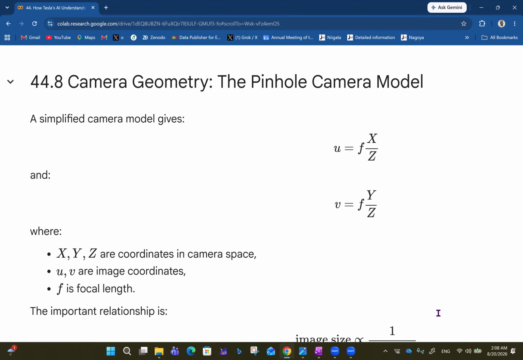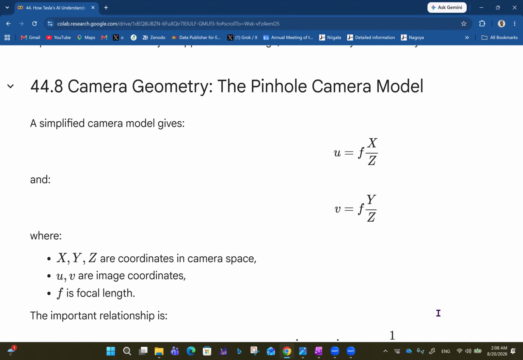So in that case, we need to now talk about camera geometry, the pinhole camera model. A simplified camera model gives U and V, the image coordinates. So U is F times X over Z, and V is F times Y over Z, where X, Y, Z are coordinates in camera space, and U, V are image coordinates. F is the focal length. So that factors in the idea of length.